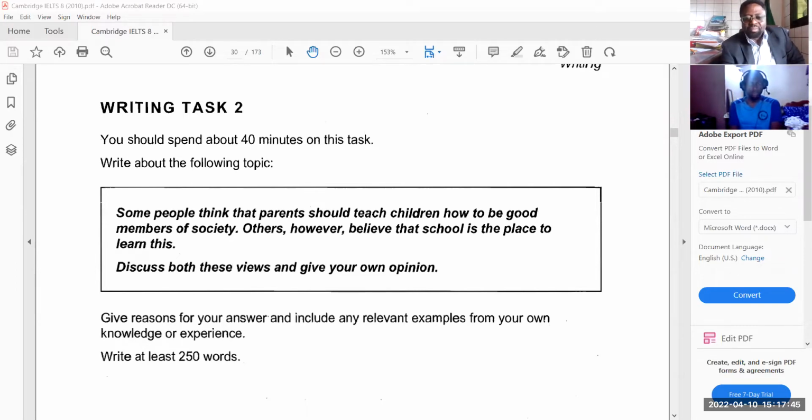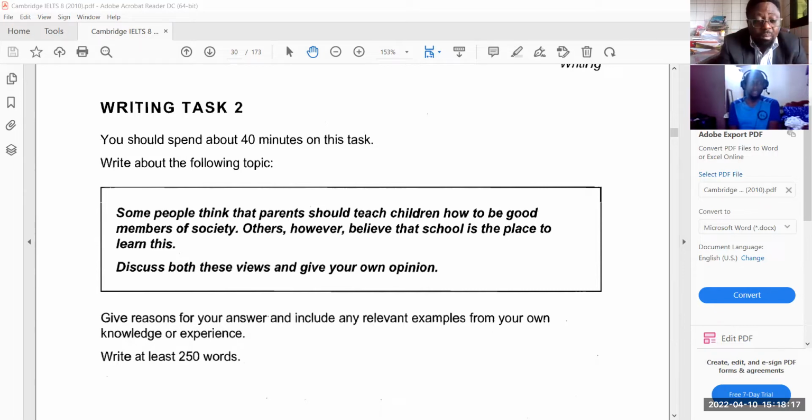Give reasons for your answer and include any relevant examples from your own knowledge or experience. So you see that it's incomplete till you assemble all the details they want from you.